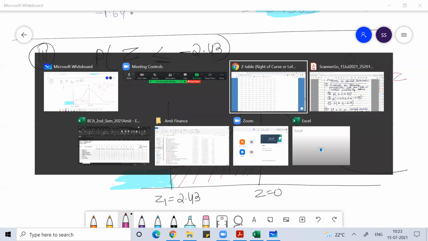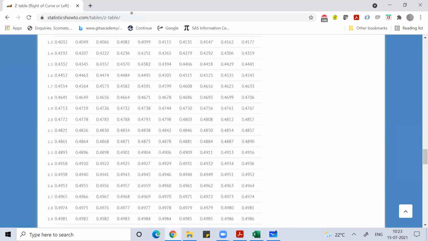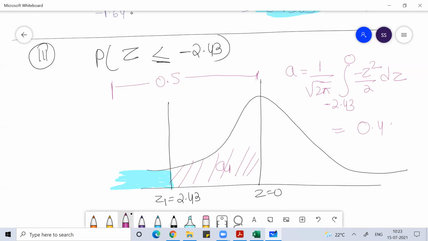What is that area? For 2.43, the table value is 0.4927.